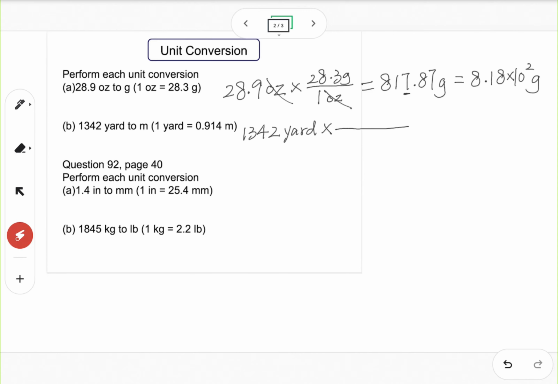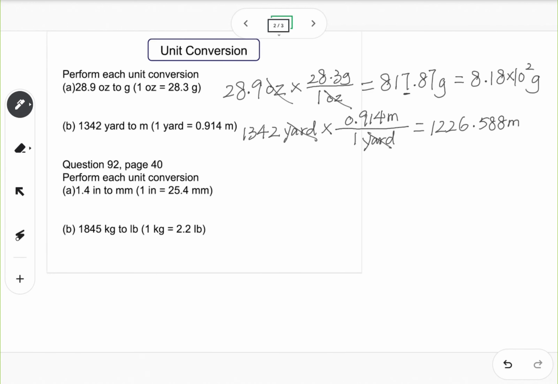So this should be on top: 0.914 meter on top and 1 yard at the bottom because you can cancel the yard. And that will give me 1226.588 meter.